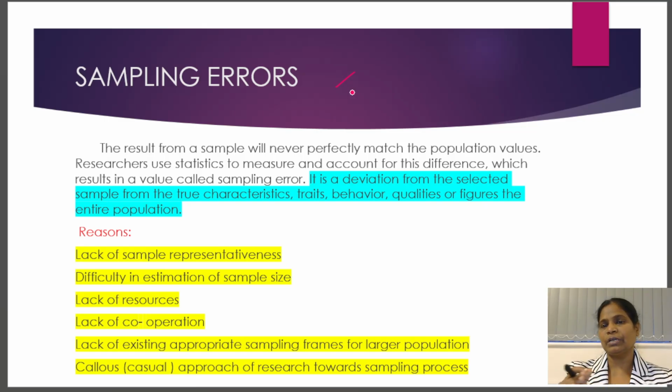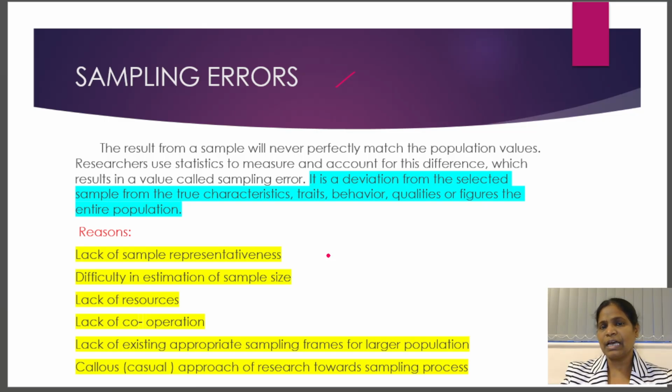There is individual difference from person to person, and we are aware of it. So when we say sampling error, it is a deviation of the selected sample from the true characteristics, like traits, behaviors, qualities, or the figures of the entire population.